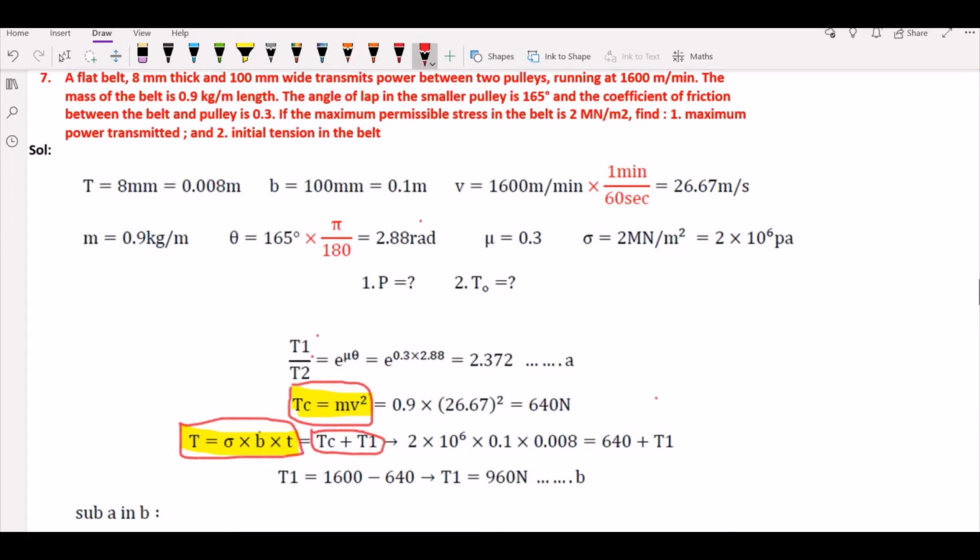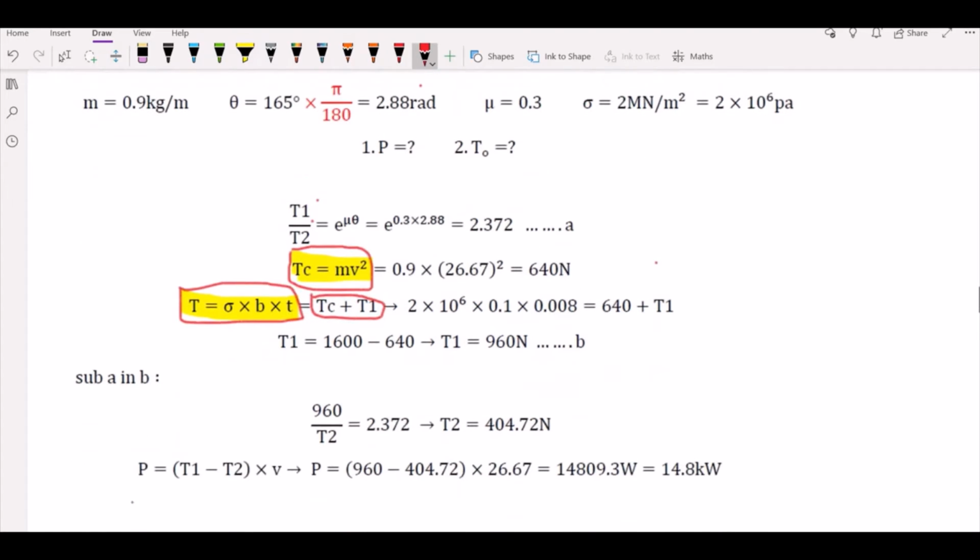From this relation, T is known, we substitute over here, Tc is known, we substitute over here, then finally we will calculate T1. T1 is known. Take this as equation number 2. From equation 1 and 2, substitute this equation 2 in 1, then you will get the value of T2. Once T2 is known, substitute in the relation to calculate your power. P is equal to (T1 minus T2) into V. Then finally you have got the power as 14.8 kilowatts.